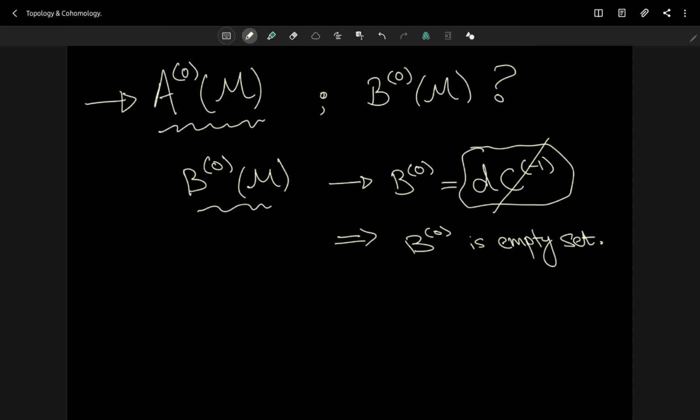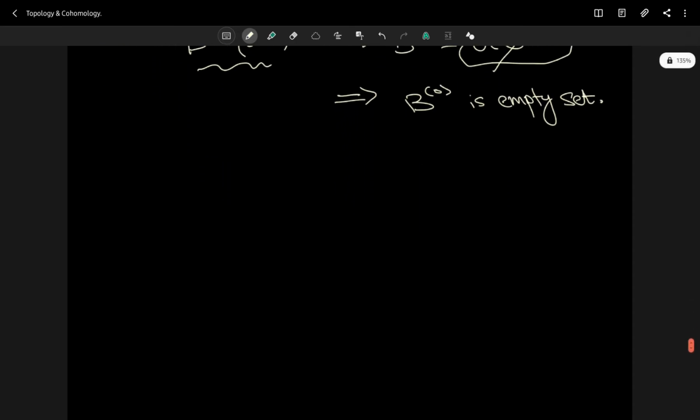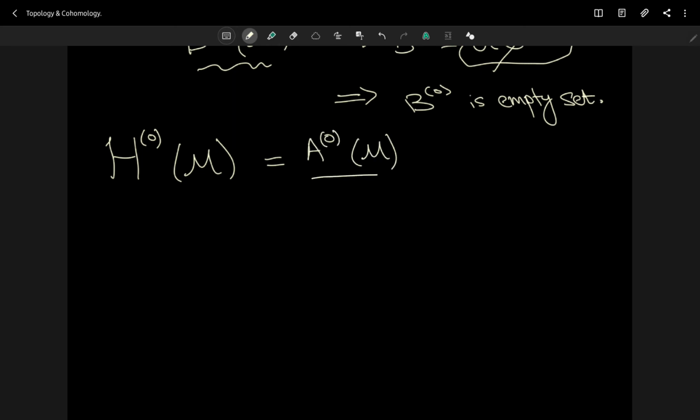So then, therefore, what we would have is that this zeroth cohomology of M is simply A0 of M divided by B0 of M, which would simply be equal to only A0 of M, because B0 is empty.